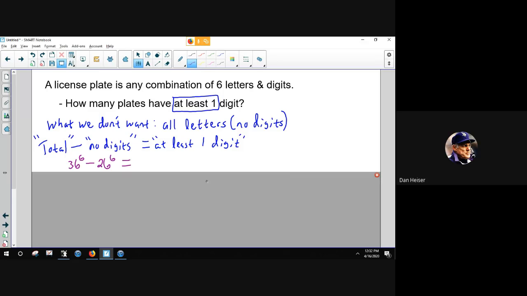If I do this calculation, I will have all the license plates that have 1 digit or 2 digits or 3 digits and so on, simply by eliminating the ones we don't want. It turns out this is going to be a pretty big number.